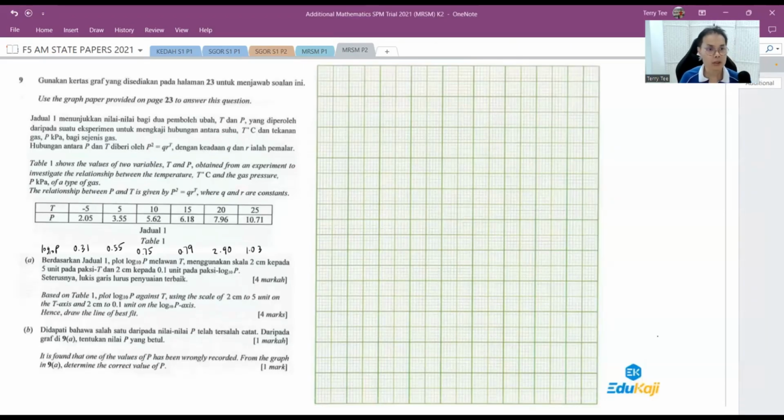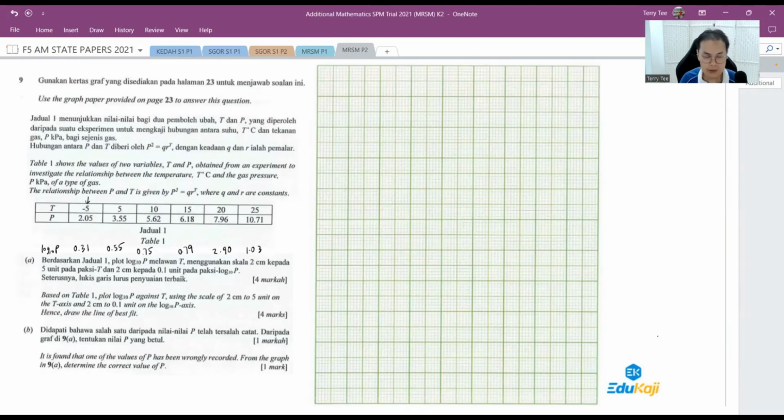Okay, so now we're going to plot log base 10 P against T. Your axis, they say that use 2 cm to 5 unit on the horizontal, and then 2 cm to 0.1 on the vertical. Now, here you notice that your smallest value is not 0 for the t-axis, the horizontal axis is -5.